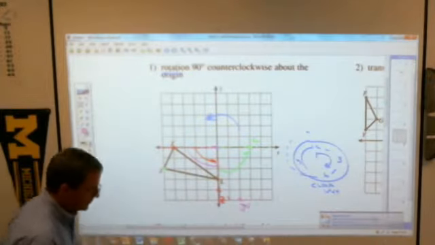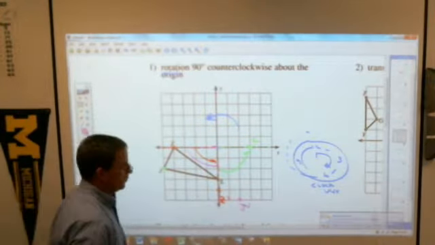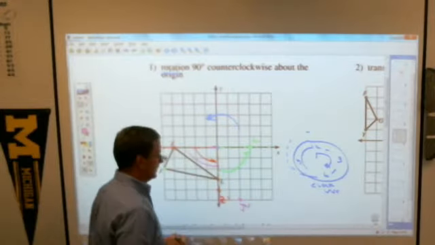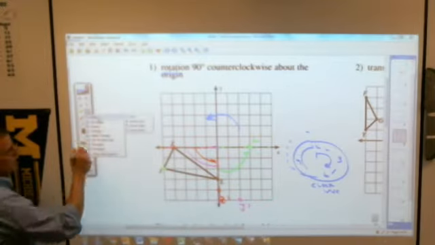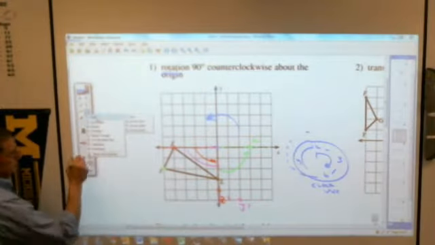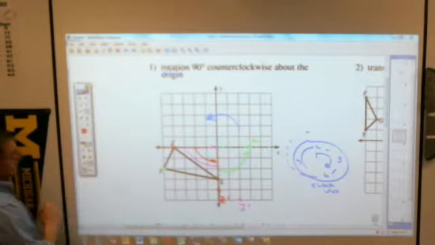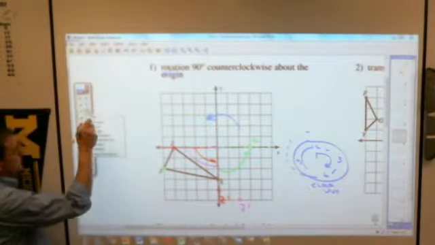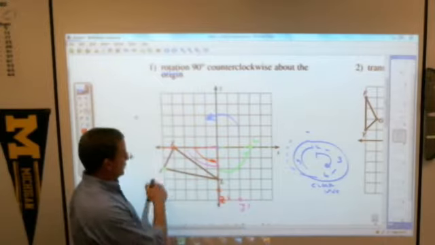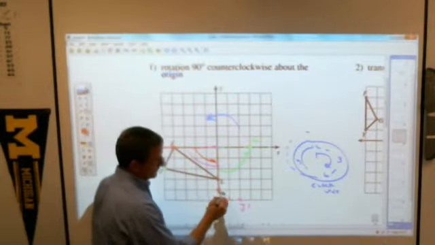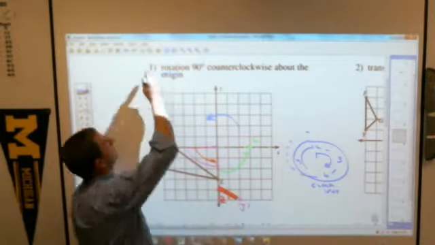Once you establish all of your points, then those of you that have straight edges, it would be nice if you did, then you can just connect your points. You know, this gets connected.